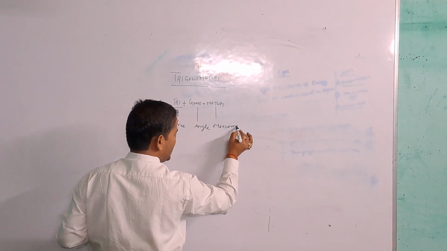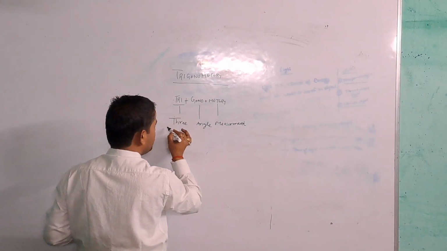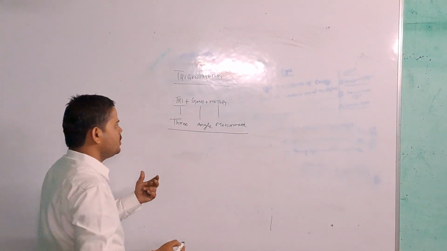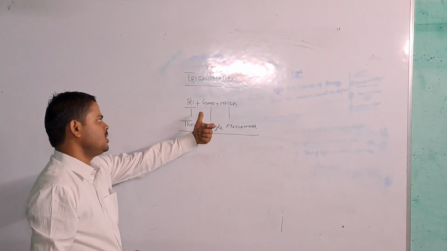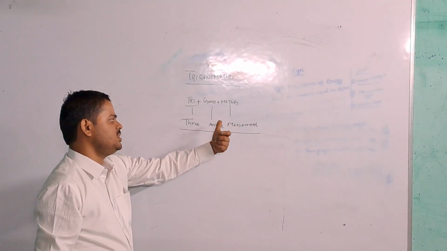So, what is the actual definition of trigonometry? Trigonometry is divided into three parts: tri means three, gono means angle, metry means measurement.